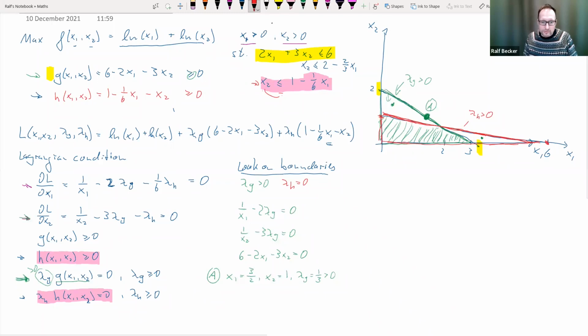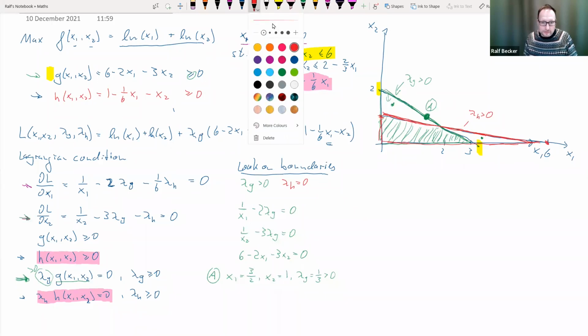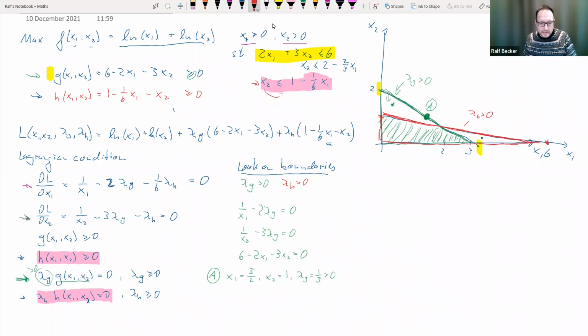So let's confirm that. Let's go to the red constraint and plug in our x1, x2 values. Our constraint here is 1 minus a sixth times x1, which is 3 over 2, minus x2. x2 is 1. So what do we have here?